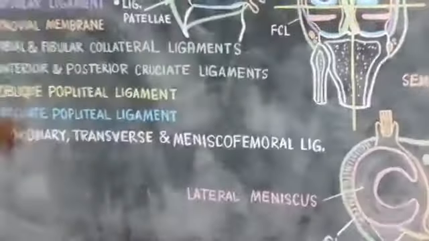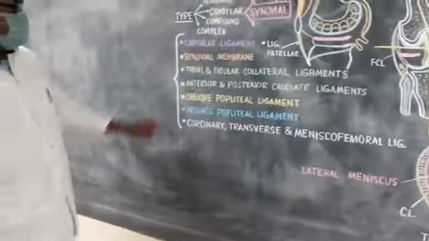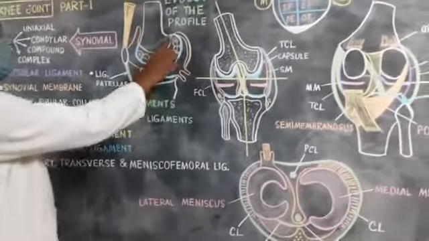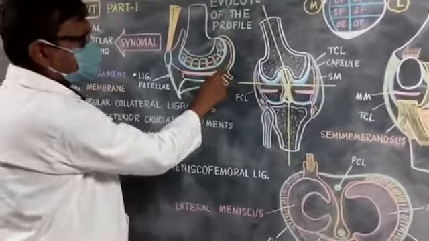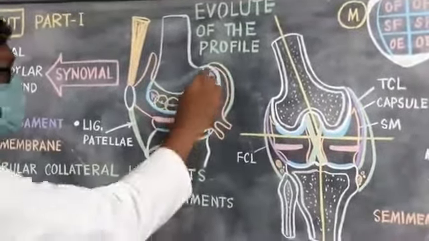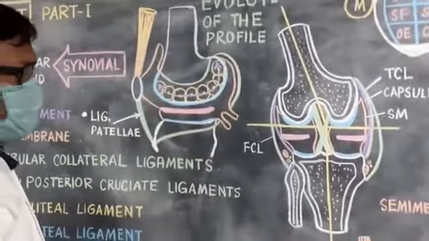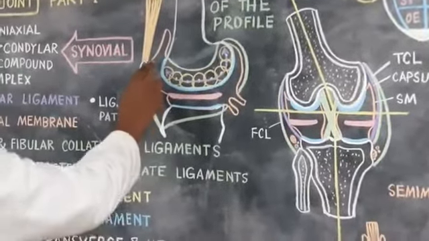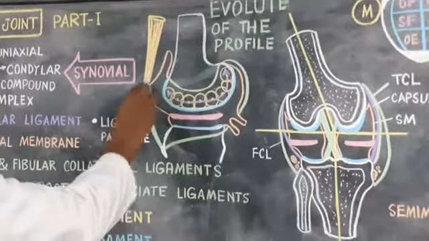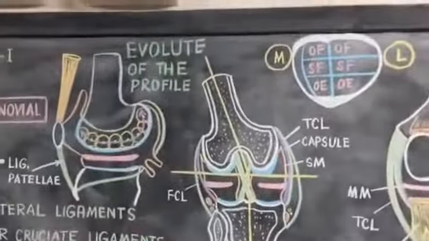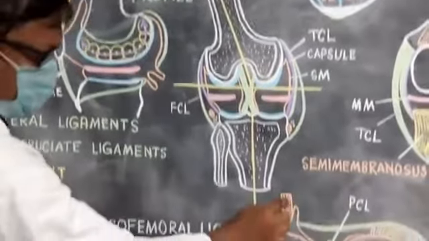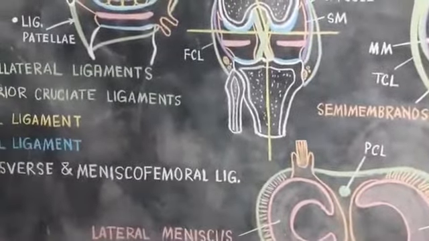Now, the synovial membrane is a bit complicated in the case of the knee joint. It lines the inner aspect of the capsule and the intracapsular part of the bone beyond the articular cartilage. It extends as a suprapatellar bursa from the upper margin of the patella and extends along the tendon of the popliteus.